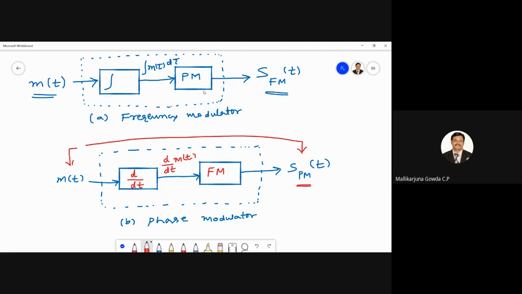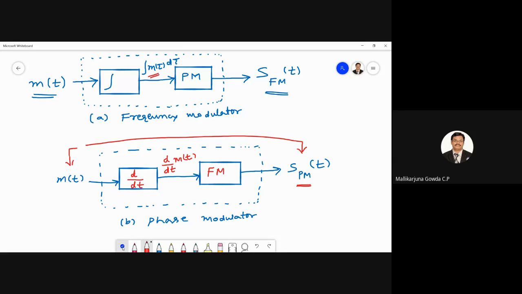Similarly, in the upper block, the frequency modulated signal for the message signal m of t is also a phase modulated signal for the integral of m of t dt. If I integrate and apply that as input of the phase modulator, I will get the phase modulated signal that is the same as the frequency modulated signal. Hope you understand what I am saying. These two are the important blocks, and how they are related.